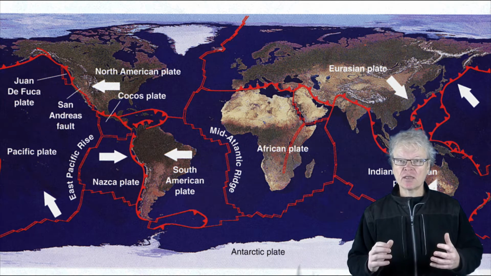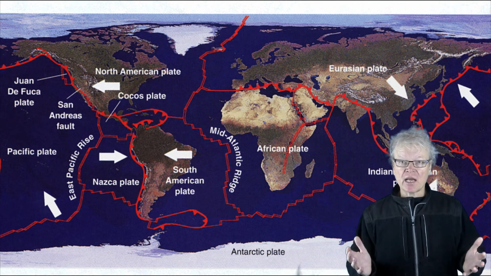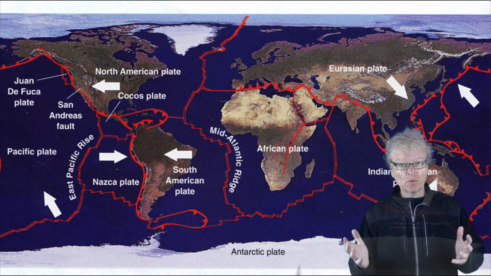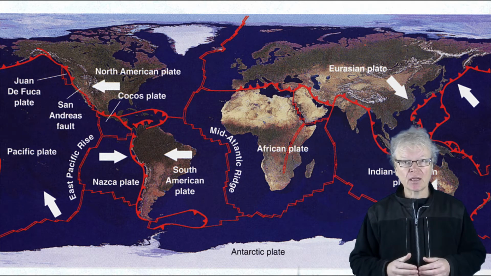You can see that the plate that we are standing on, or most of us are standing on if you're in Australia, is moving north, whereas the Eurasian plate is moving sort of southeast. And so there's some sort of collision going on there, which may produce something you've probably heard of before, which we'll look at a little later on.